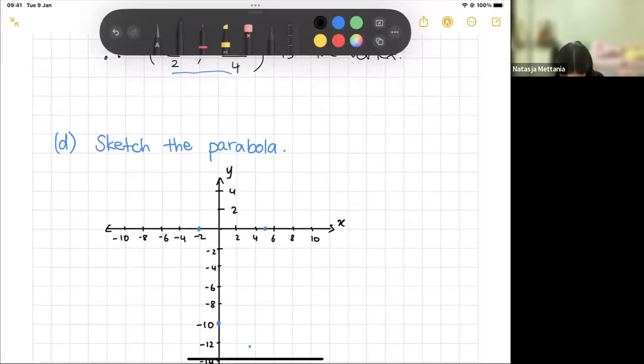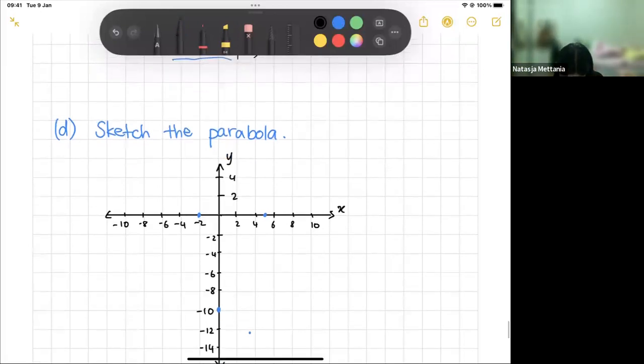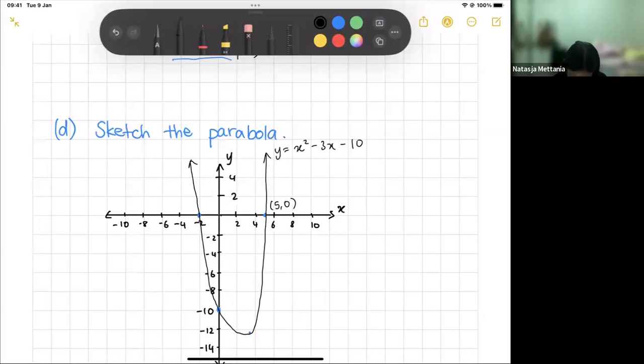What I'm going to do now is draw it and just sketch. One thing that you would normally get asked is to show all your intercepts and label them. So I'm going to first label that this is y equals x squared minus 3x minus 10, as well as this is 5, 0 as my x-intercept.